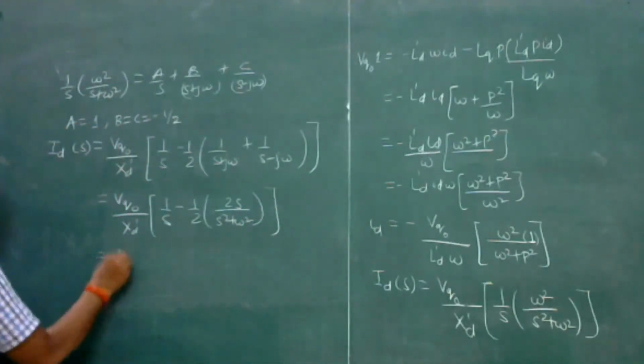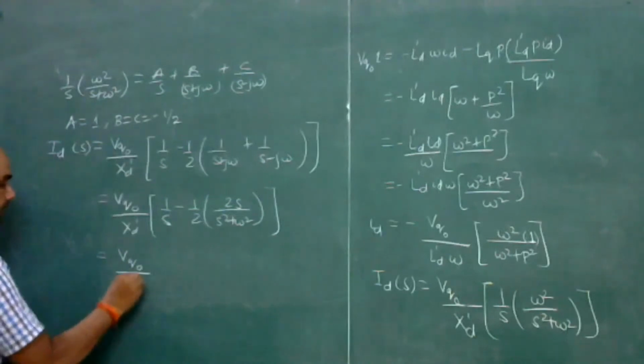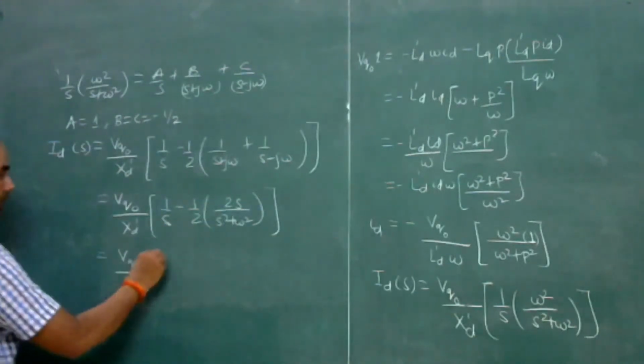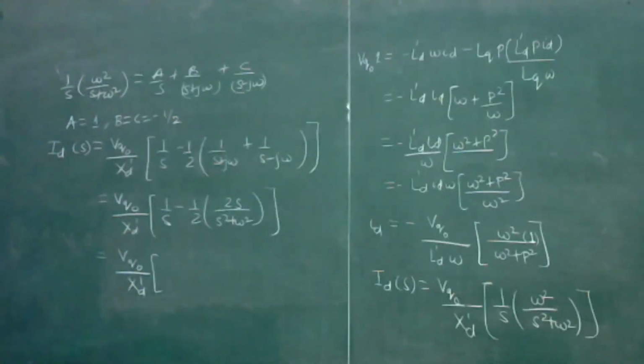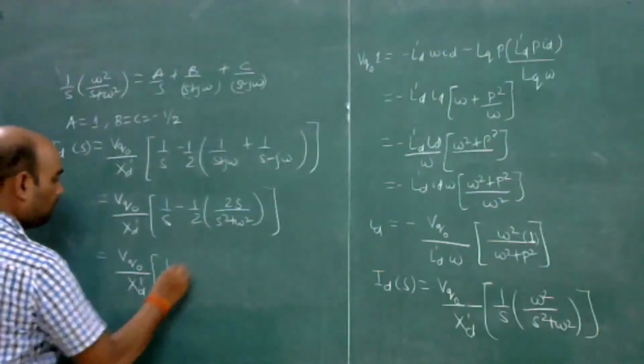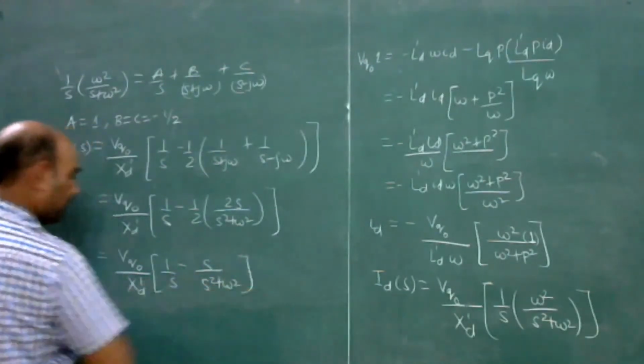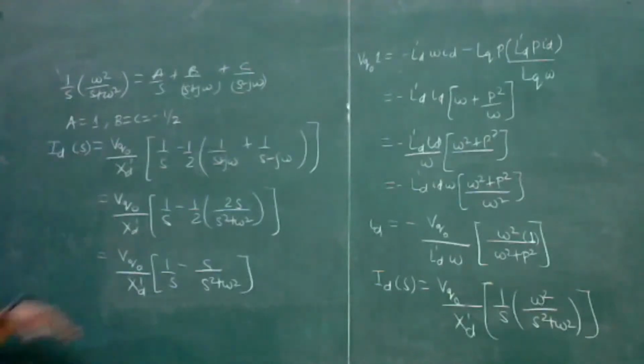So this is equal to VQ naught upon XD dash. So 2 cancels out. So we get 1 upon s minus s upon s square plus omega square. Okay, now we will take inverse of this equation, Laplace inverse of this equation.